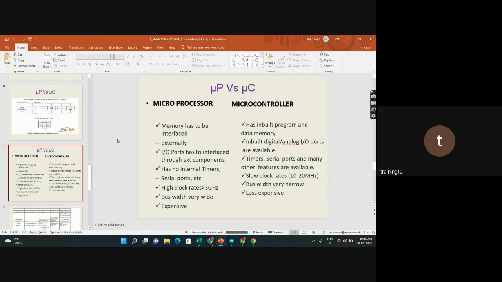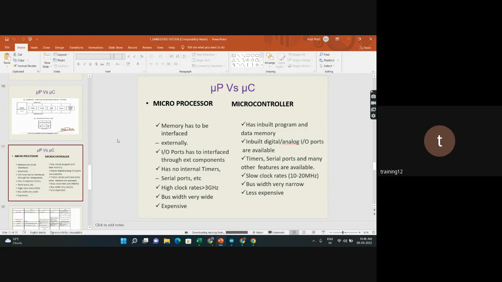In a microprocessor, high clock rates are available, around 3 gigahertz, and in a microcontroller there are slow clock rates, 10 to 20 megahertz. Bus width is very wide in a microprocessor because many things are connected externally.